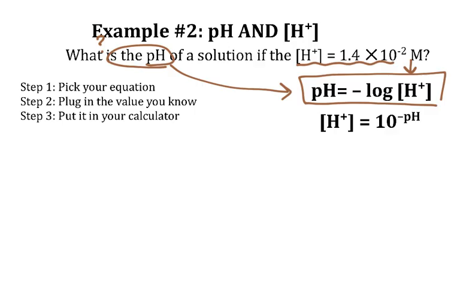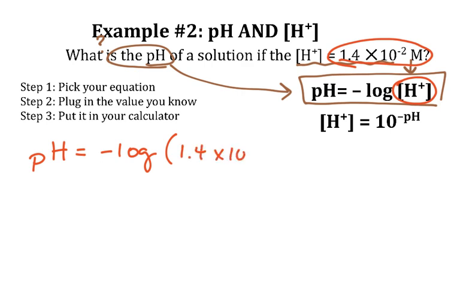Step 2, plug in the value I know. I know that my H plus concentration is that value I was given. So I can go ahead and say pH equals negative log of 1.4 times 10 to the negative 2. I'm going to go to my calculator and figure out what that is.